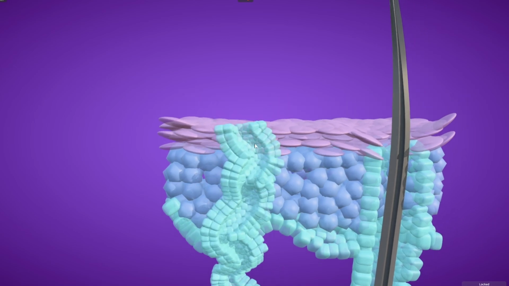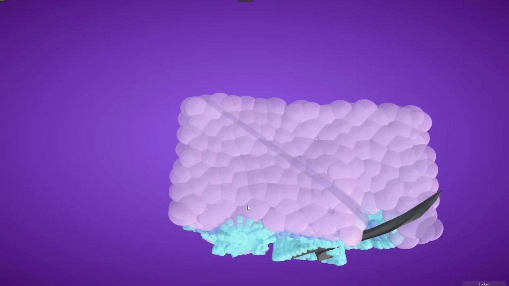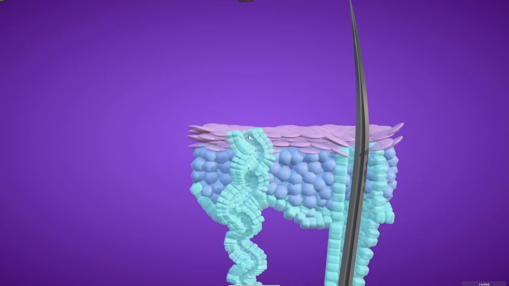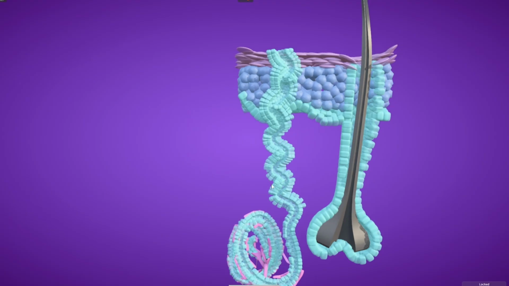So when there is ample place for this glandular duct to form, then we have this spirally shaped glandular duct, and ultimately it pours the secretion out into the skin. So this is the pore, skin pore. So this gland is directly pouring its secretion into the skin.